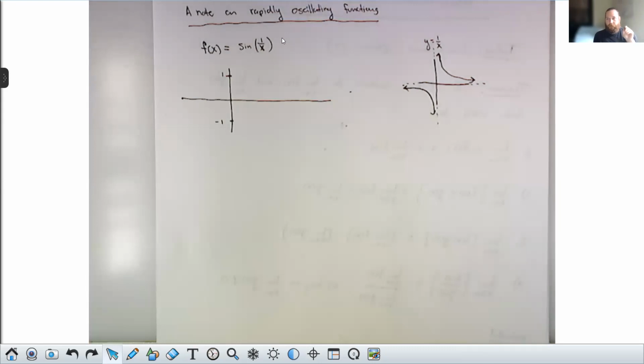The sine of 3x wobbles faster than the sine of 2x. So as the inside of this gets really, really big, which does happen as 1 over x as x goes to 0 here, the sine function starts to wobble back and forth really, really fast. And that sort of rapid oscillation can also destroy the existence of a limit.